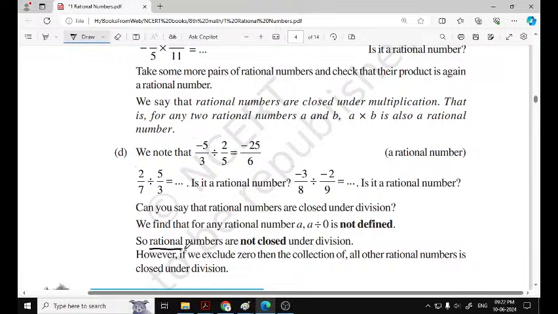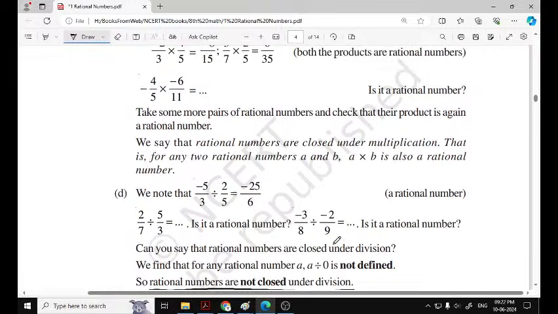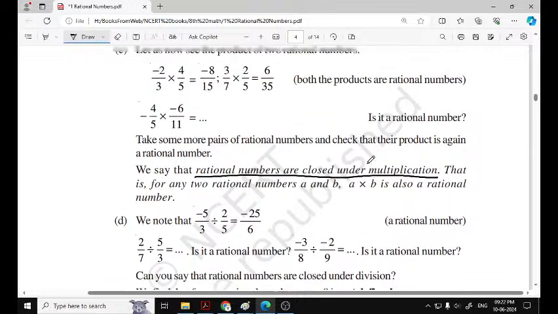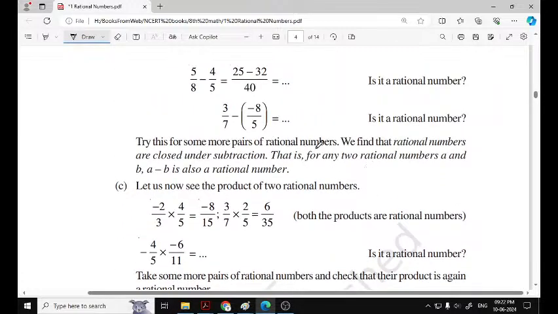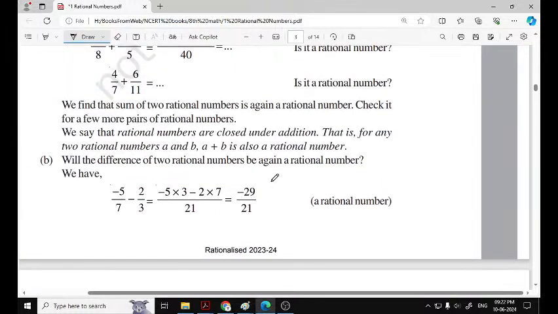So rational numbers are not closed under division, but rational numbers are closed under multiplication. Rational numbers are closed under subtraction.